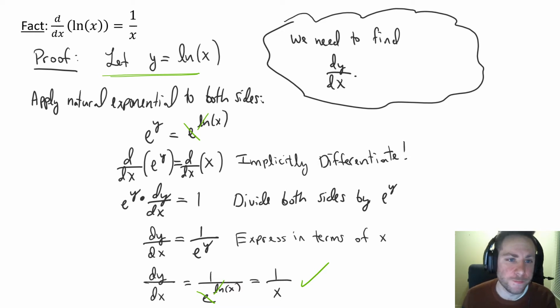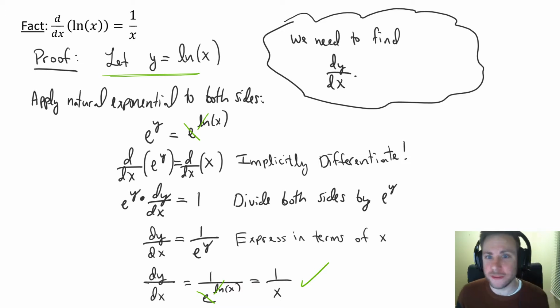You might remember I said once before that everything we know about logarithms is a consequence of something we know about exponentials. And this proof is just another example of that. We've just seen that the derivative formula for the natural logarithm is actually implied by the derivative of the natural exponential.